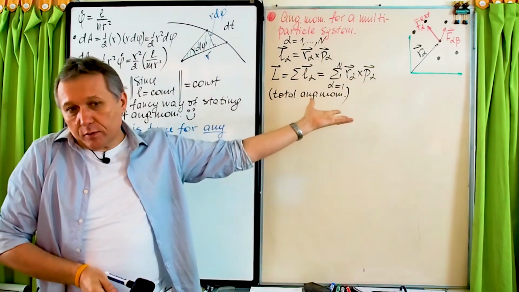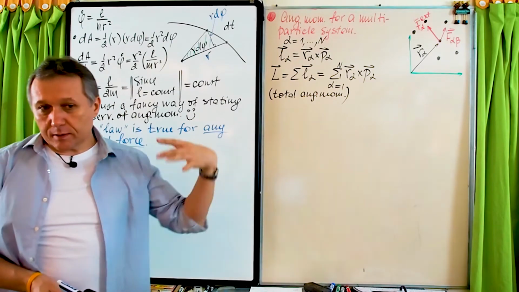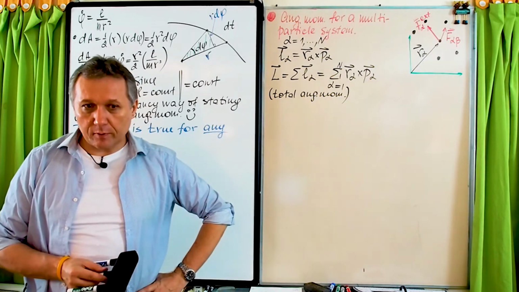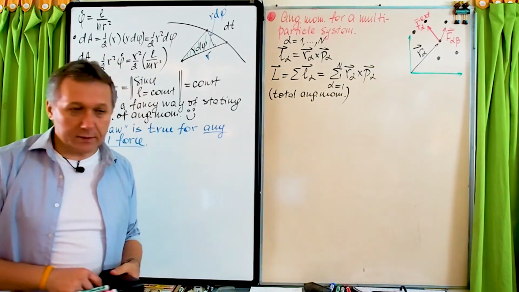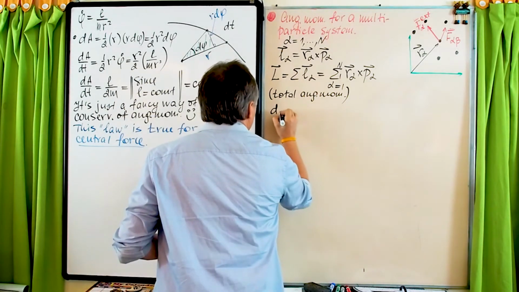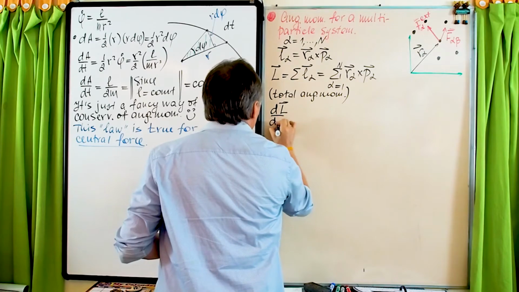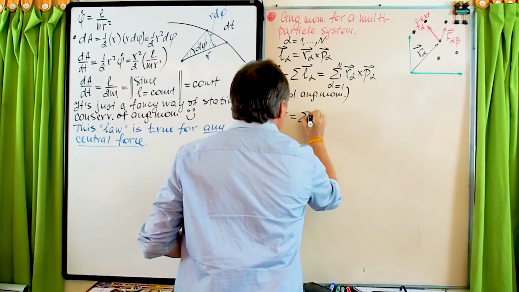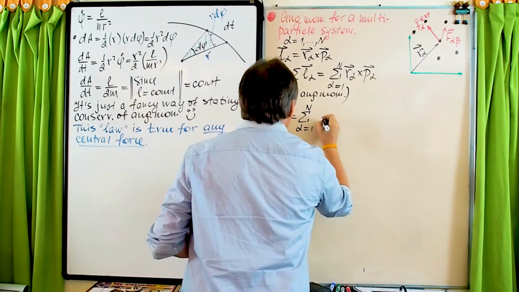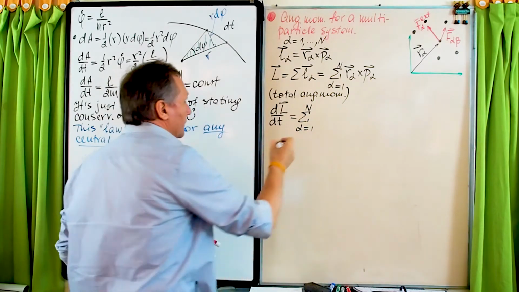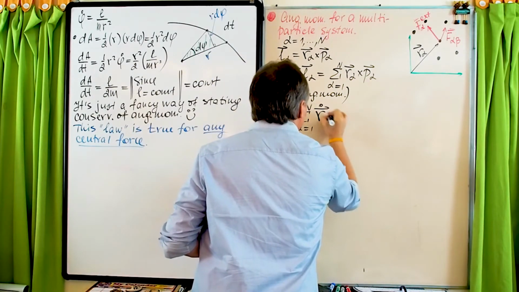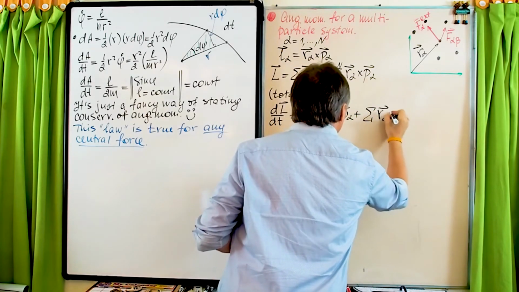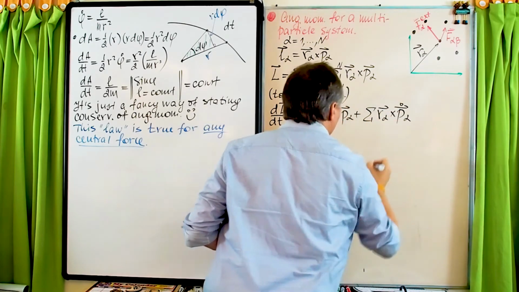All right. So for now, okay, what a big deal. But in order to see the big deal, let's differentiate. Let's look at the dynamics of this total angular momentum of the system, dL over dt. It will be the summation over alpha from 1 to n of R alpha dot cross P alpha, plus the summation of R alpha cross P alpha dot.